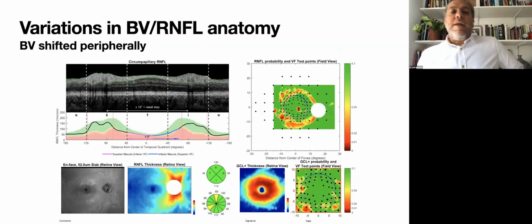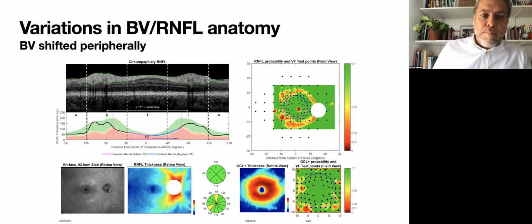There are some anatomical variations that could mimic some types of glaucoma-like topographic view. For example, this patient has the blood vessels shifted a little bit peripherally. So when we measure this, you will see this defect shown here on the simulation of the probability map.